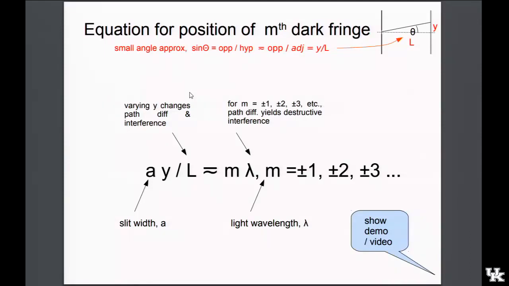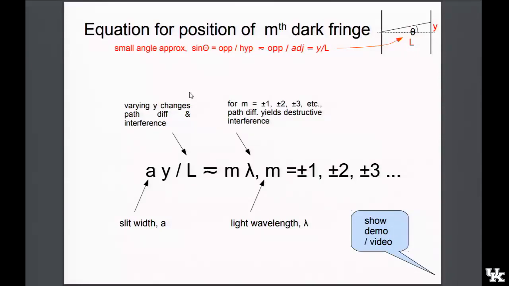So this is literally a diffraction pattern from a single slit, literally what we've been describing mathematically, with a slit that's some fraction of a millimeter wide and some green laser light.